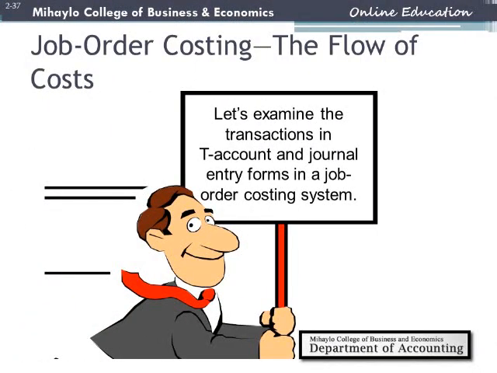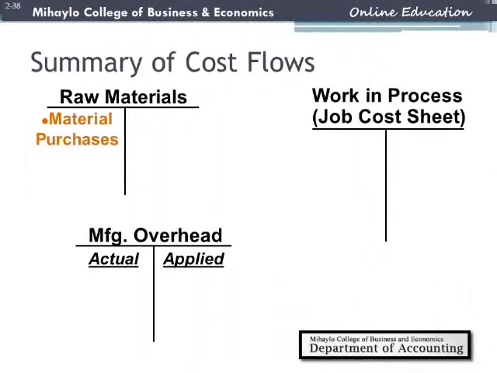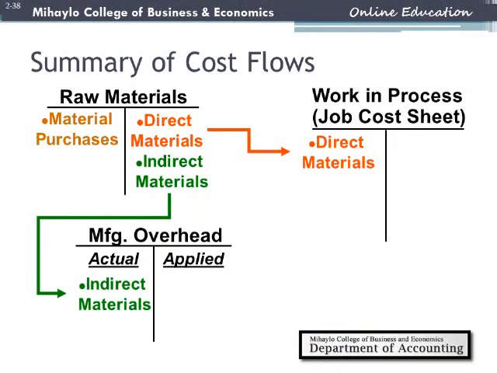Now, let's examine the transactions in T account and journal entry form that capture the flow of costs in a job order costing system. Part 1. Here is a T account approach to looking at the cost flows in a job order cost system. When raw materials are purchased, they are debited to the raw materials inventory account and credited to accounts payable, not shown.